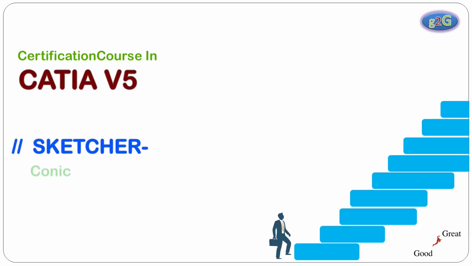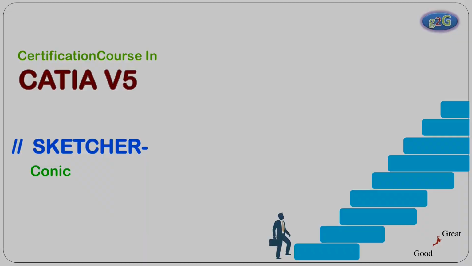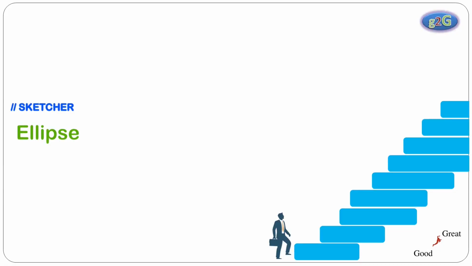Hi, welcome to this tutorial on Sketcher. In this tutorial we are going to see conic profiles. In conic profile we will see how to draw ellipse, parabola, hyperbola. So let's begin with the first command, that is ellipse.